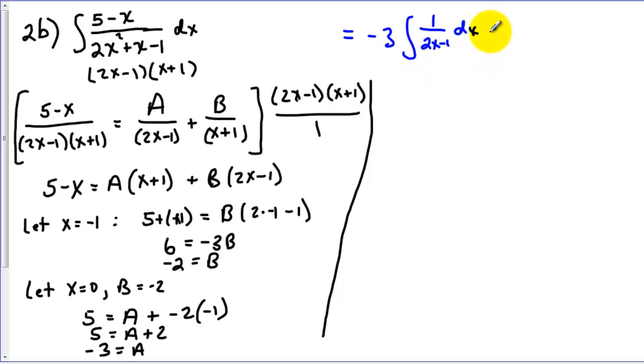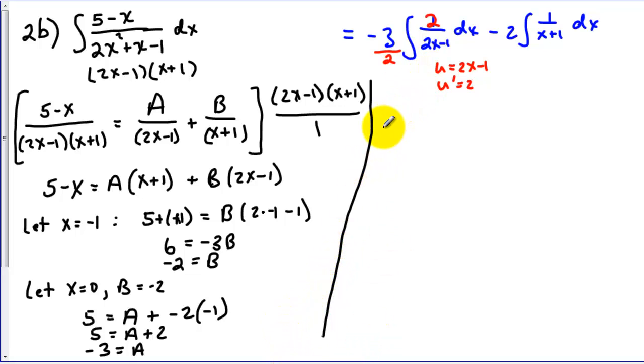And my b is -2, so I'll bring that out front. Now we have to use the simplified version of integration by substitution here. My u is 2x minus 1, so I need u prime to be 2. So we need a 2 here, and to put a 2 there, remember we have to divide out here.